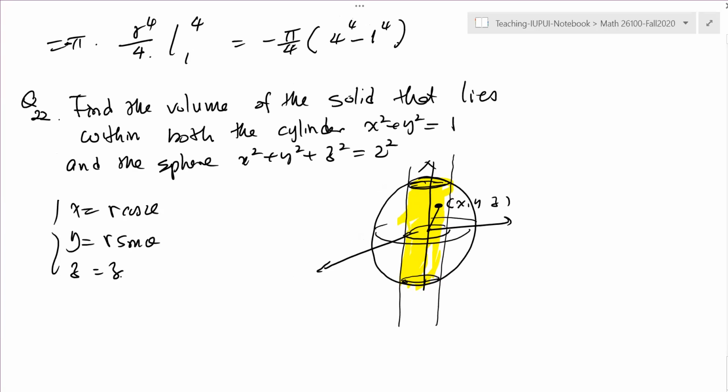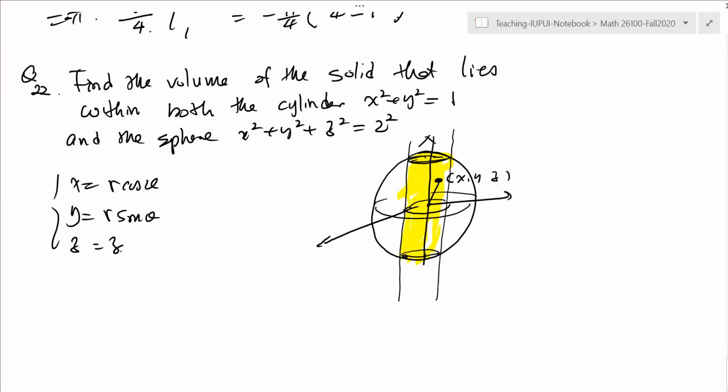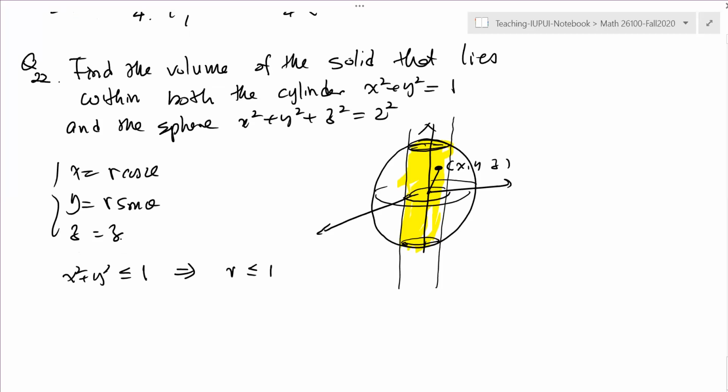Then you should realize that x squared plus y squared is smaller than or equal to 1, which implies r is less than or equal to 1. No restriction on theta, so theta is between 0 and 2 pi.